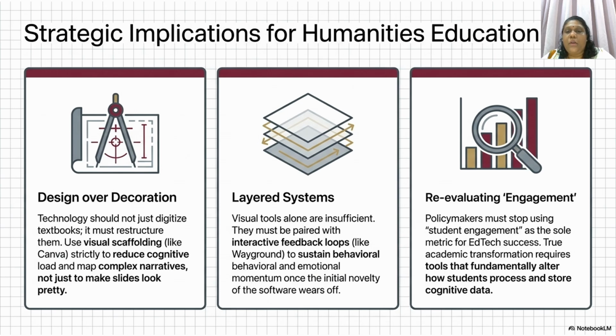Okay, and then the third one is re-evaluating engagement. Policymakers must stop using student engagement as the sole metric in edutech. The true academic transformation comes from how students use the tools, measured with cognitive data.